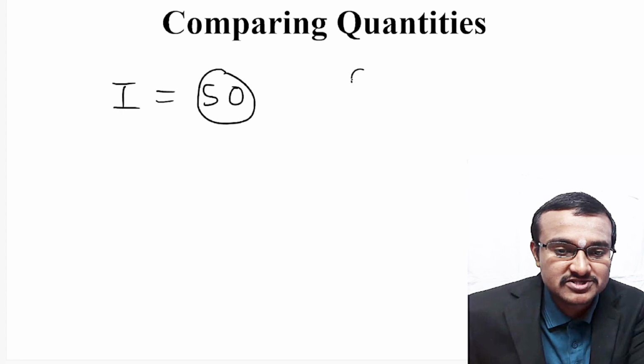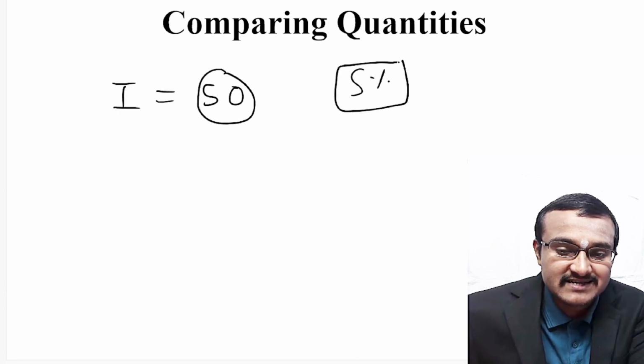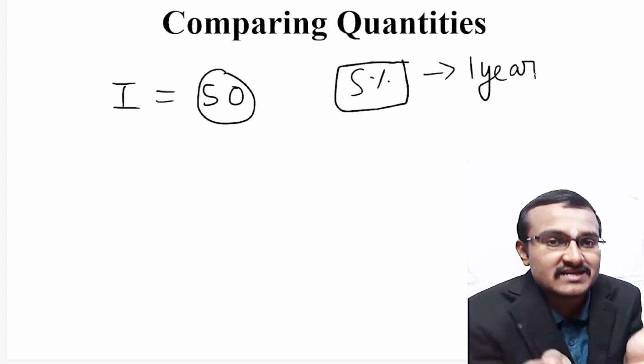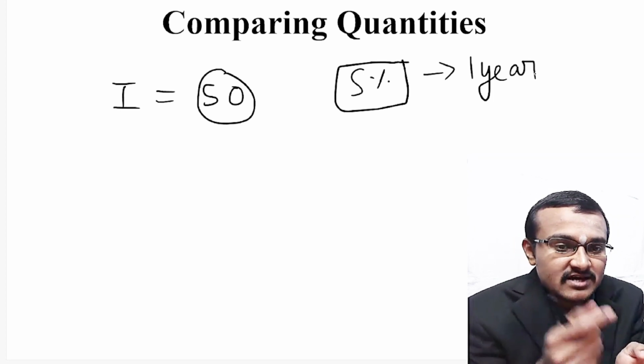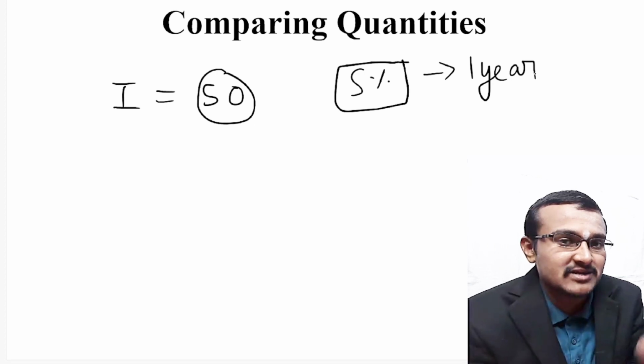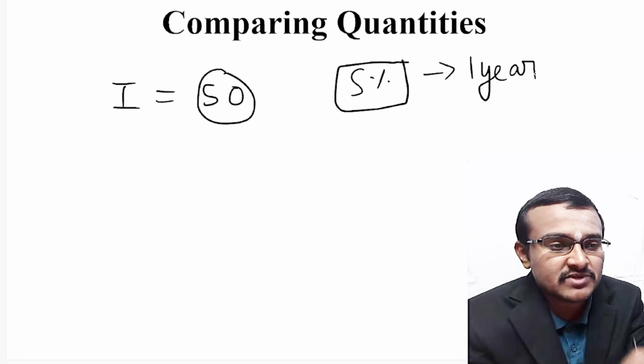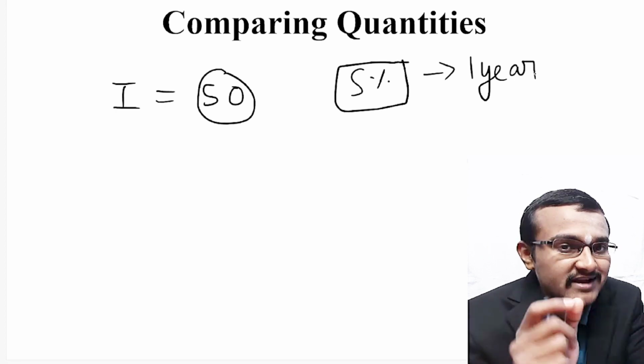Why? Because 5% is the interest for 1 year. So if you keep that 1000 rupees in a bank for 1 year, after 1 year you will get 50 rupees interest plus your initial amount. So this is the concept of interest.